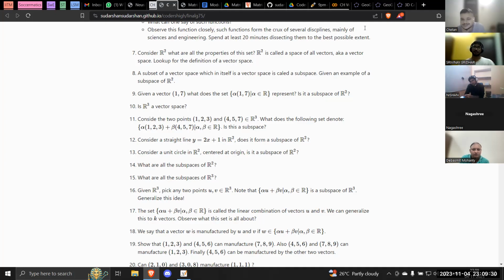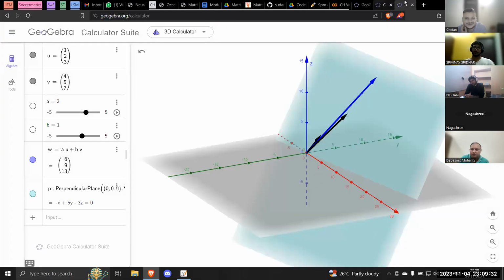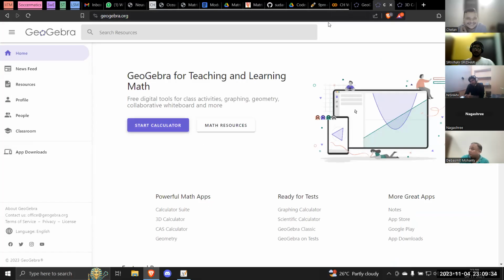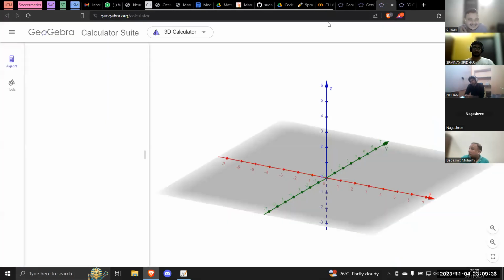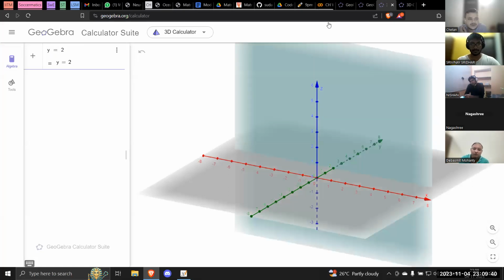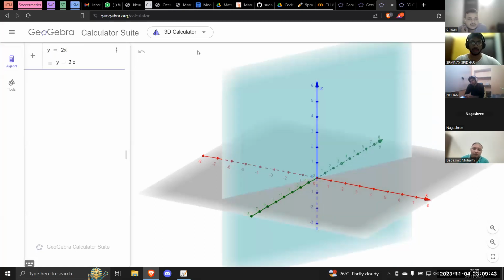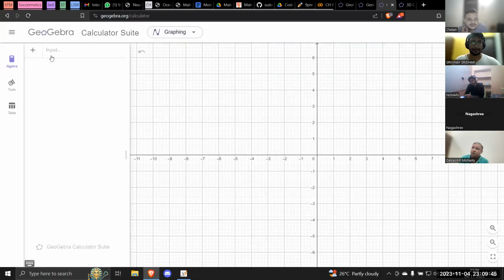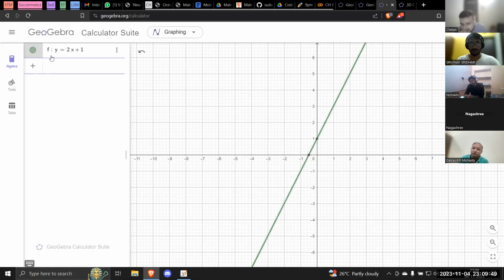Does it form a subspace of R2? We need R2 again. y equals 2x plus 1. Is this a subspace, guys?